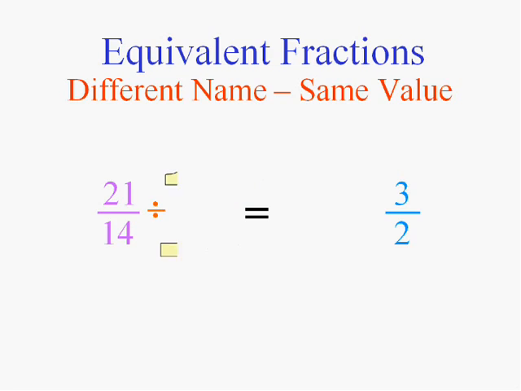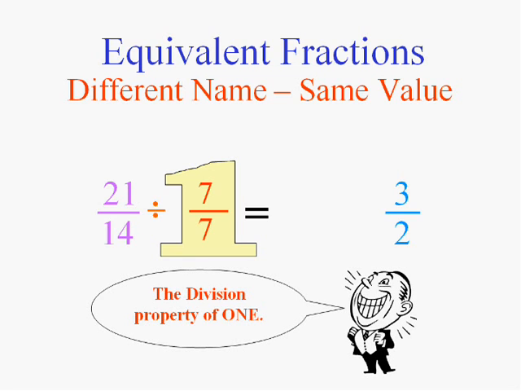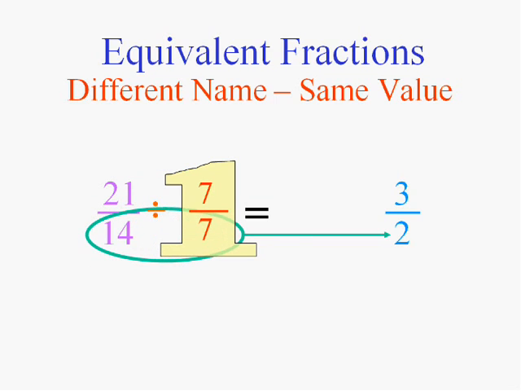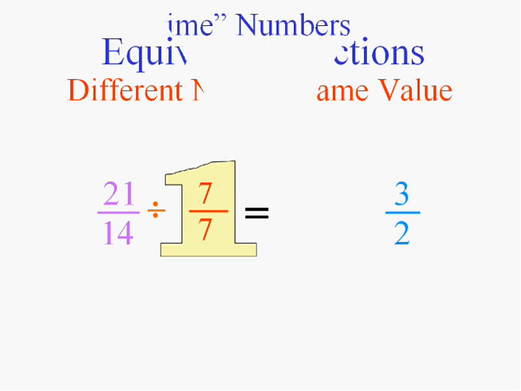You know what happened? I divided by 1 in the form of 7/7. That's the division property of 1. You can divide by 1 anytime you want without changing it. Got to divide the top by the same thing you divide the bottom by. Got the idea? Pay attention, son. This is for your own good.